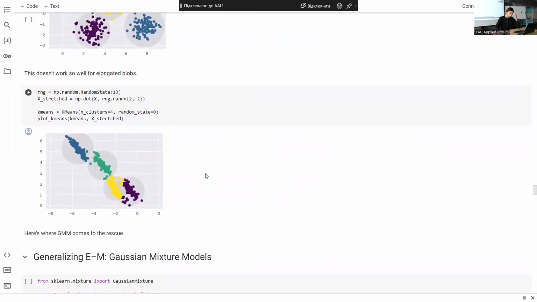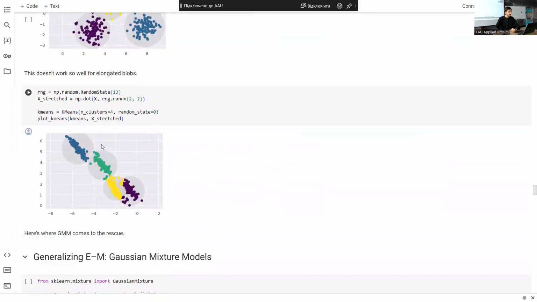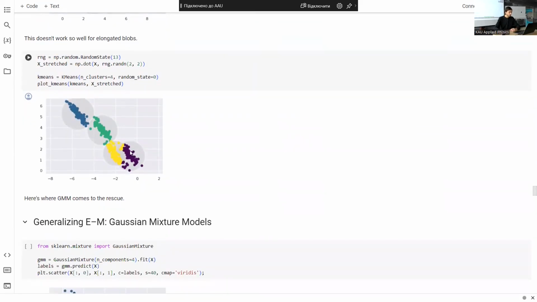But you might, of course, guess that this does not work so nicely and smoothly if my points are somehow distorted. Here is another example. Once again, I have 4 clusters of points, but this time, when I'm trying to fit them into these circles, I'm getting into some trouble. I cannot separate these 2 clusters.